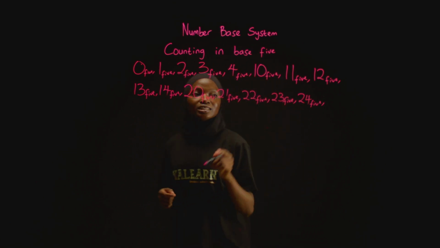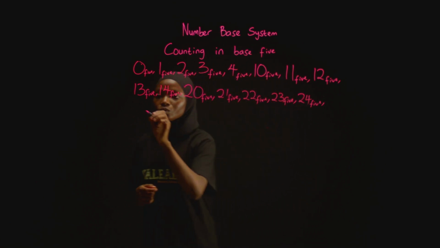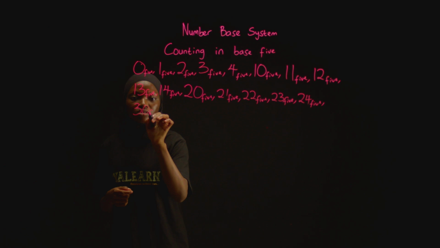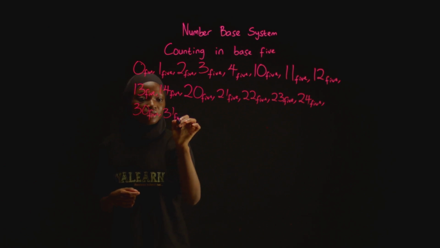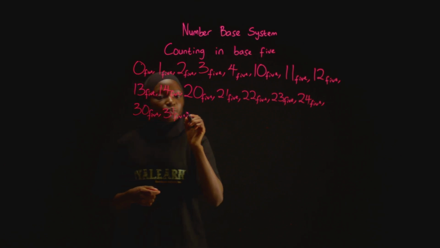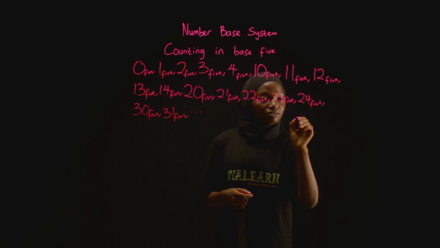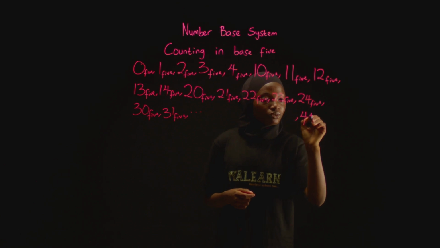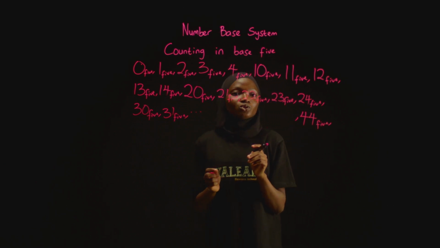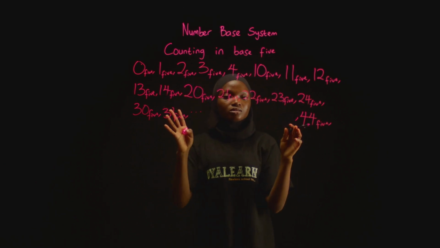And the next is going to give us 3 0 base 5, 3 1 base 5. We keep counting for 2-digit numbers till we have 4 4 base 5, which happens to be the highest 2-digit number you can have in this counting system.